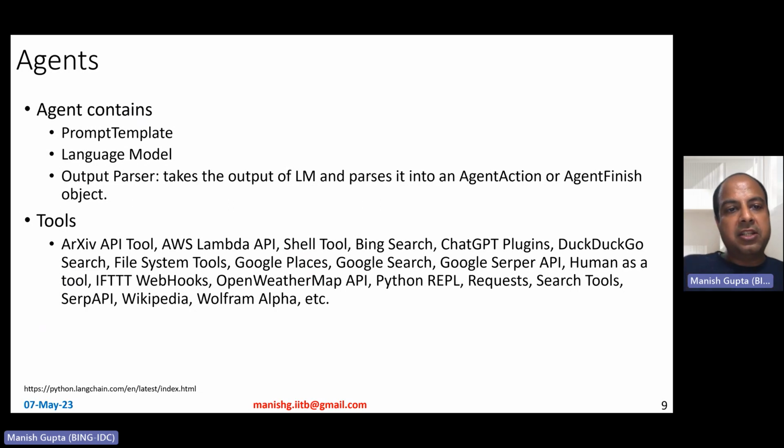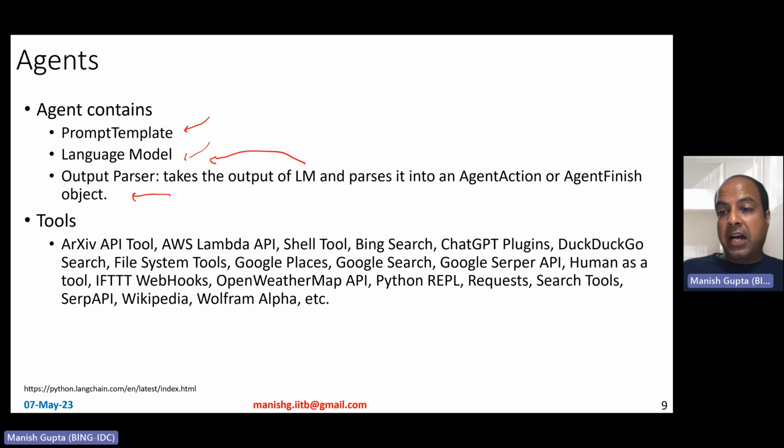An agent essentially consists of a prompt template and a language model that it can use to decide which tool to use and what parameters to pass to the tool depending on the user query, and also to decide whether it should say agent action or agent finish. It also has an output parser, which takes the output of this large language model and parses it into an agent action or agent finish object.